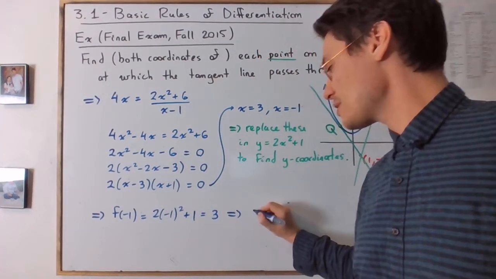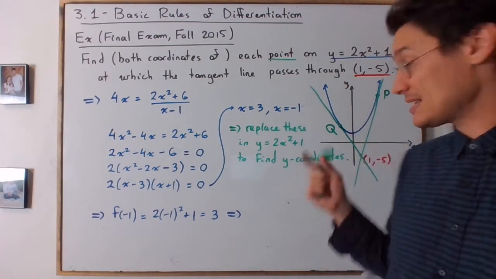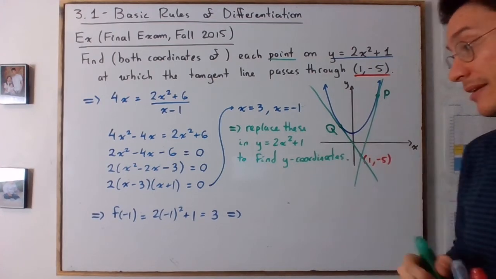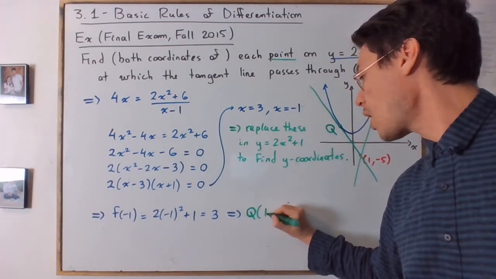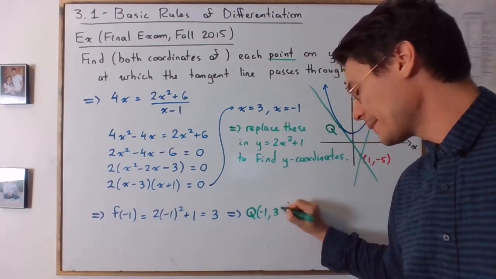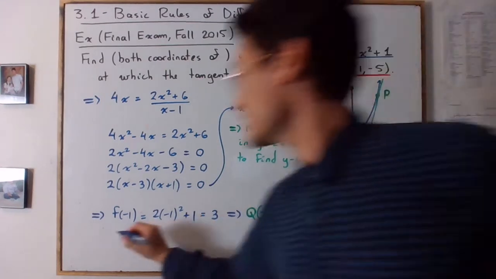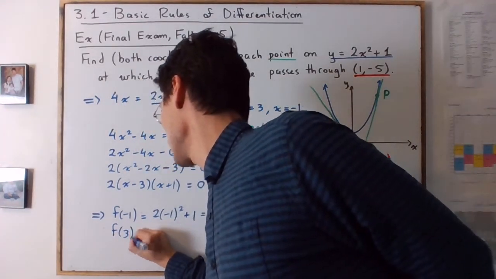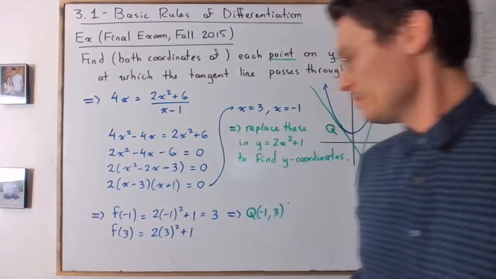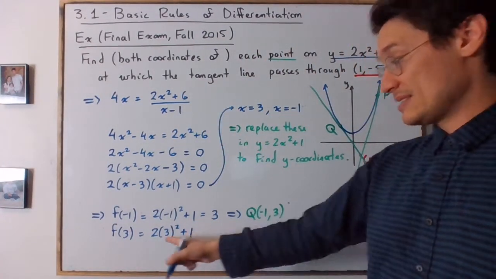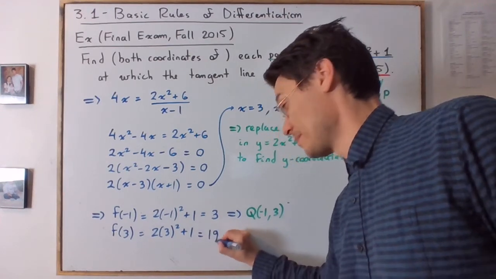And this means that the point Q, let's actually write the name, this point right here turns out to be the point -1, 3. You do the same with f of 3. So 2 times 3 squared plus 1. 3 squared is 9, times 2 is 18, plus 1 is 19.